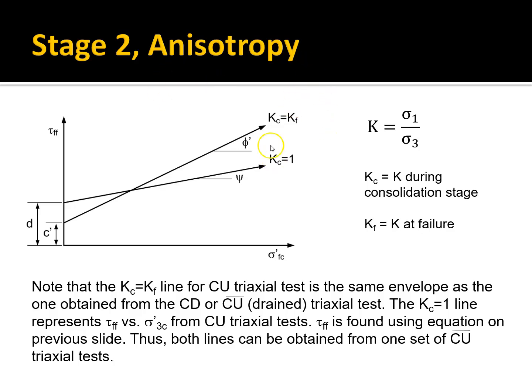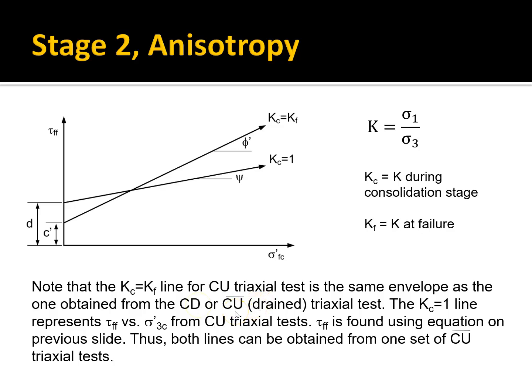So this is basically when you do a CU bar or a CD test, for example, you slowly increase sigma 1 and allow it to come to equilibrium very slowly until it fails. So basically, KC equals KF for a CD test at failure.